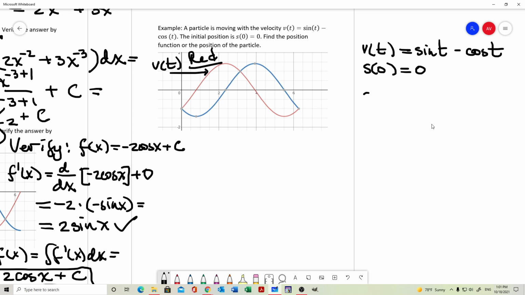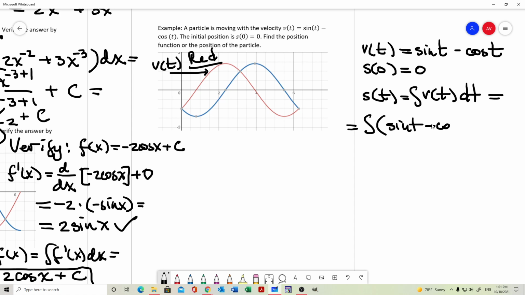Well, s of t will be equal to the integral or antiderivative of the velocity function, or sine t minus cosine t dt. And if we use the table, the antiderivative of sine t will be minus cosine t.